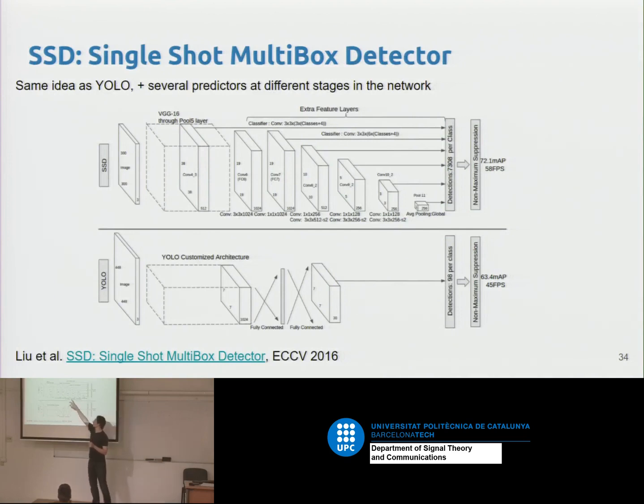Because if you come to here, you have many max poolings, and the field of view of the neurons here tends to see bigger objects, and here they can recognize simple patterns and smaller objects. So yeah, if you see the mAP, this is 72 against 63, so it worked quite a bit better.